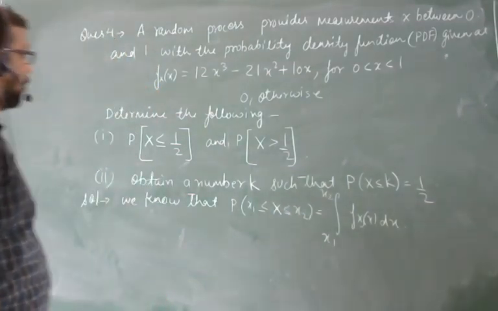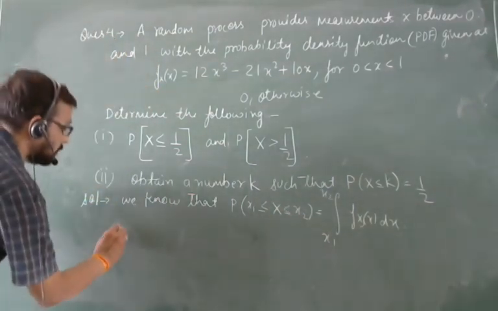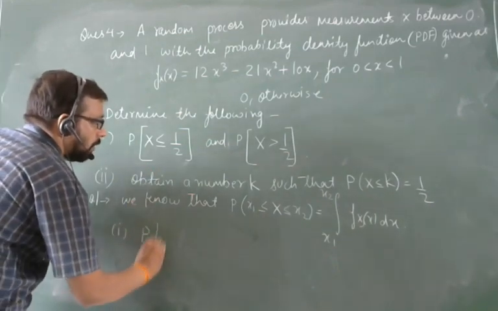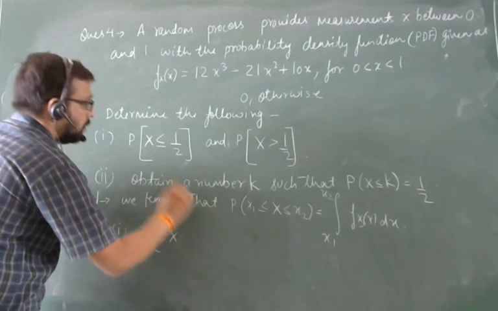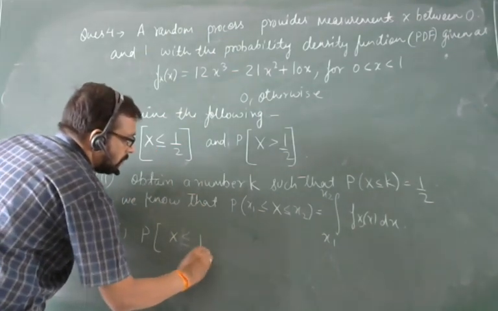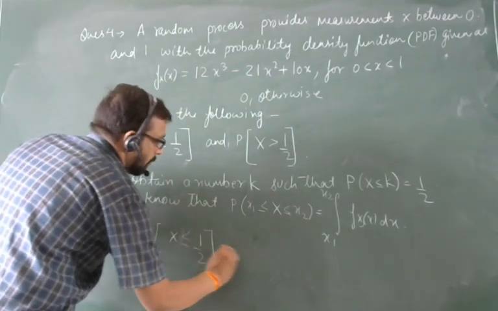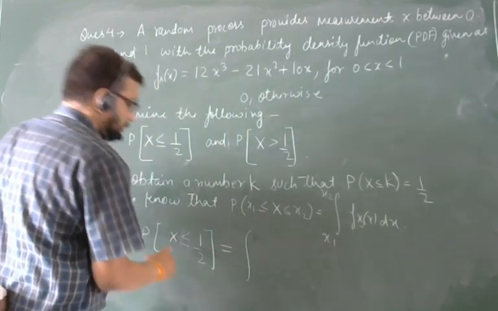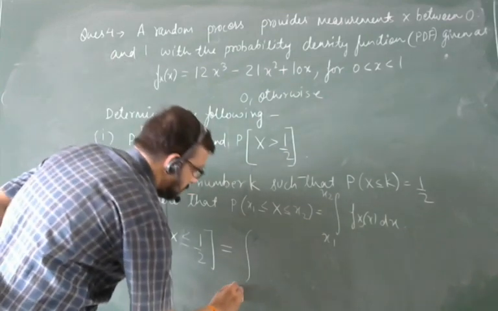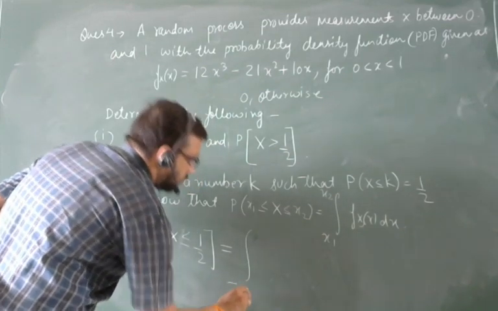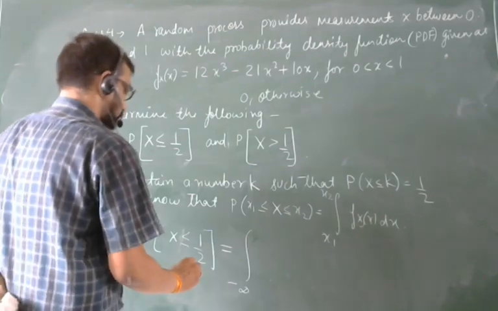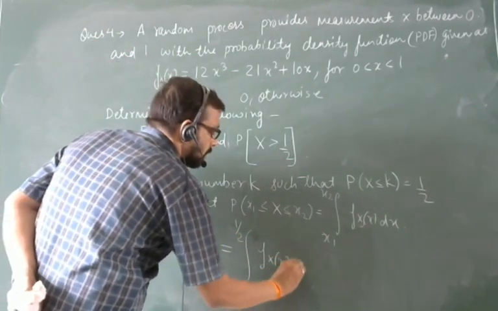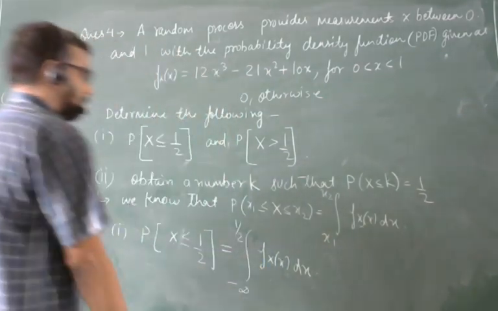Okay, now for the first part, the probability for x less than or equal to 1 by 2 means the limit is from minus infinity to 1 by 2 of f of x dx.